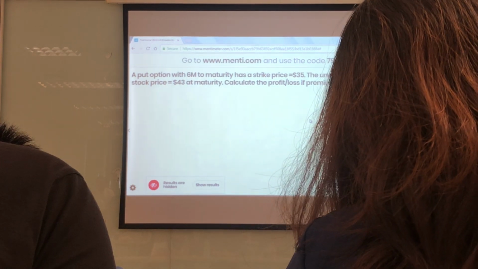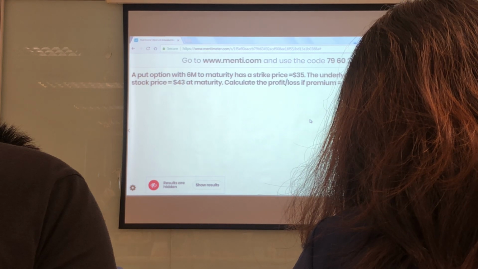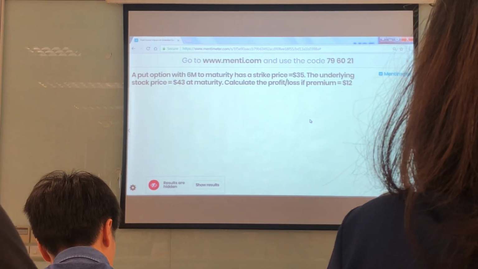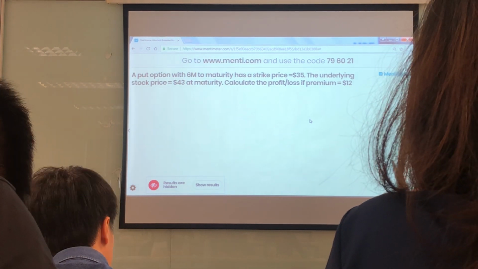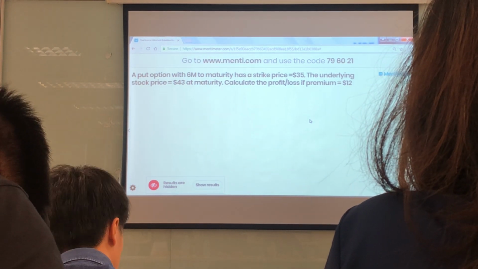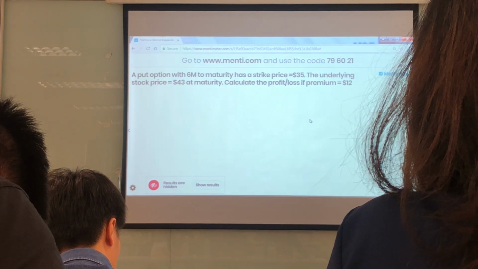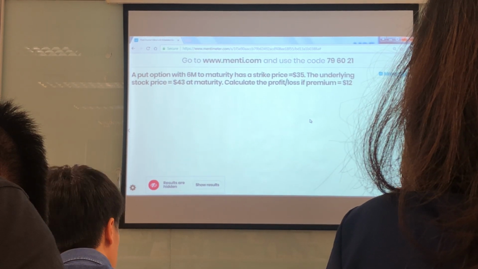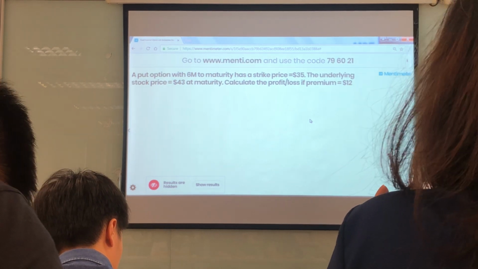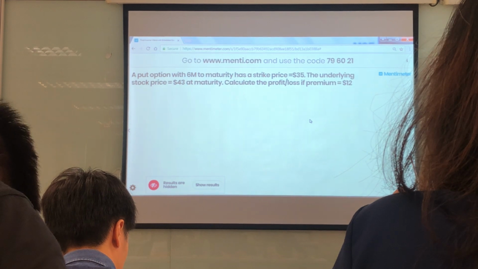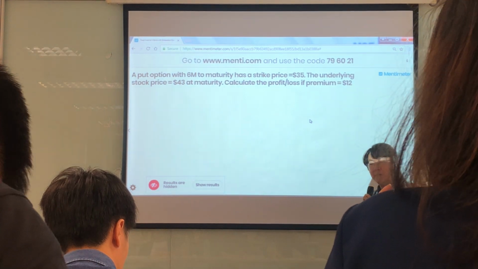Suppose that you buy this put option for $12, so you pay $12 to get it. And then at maturity, the stock price is equal to 43. If the strike price is equal to 35, what is the net profit or loss of this option?